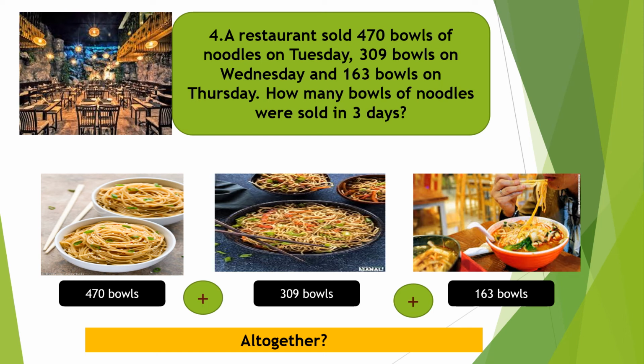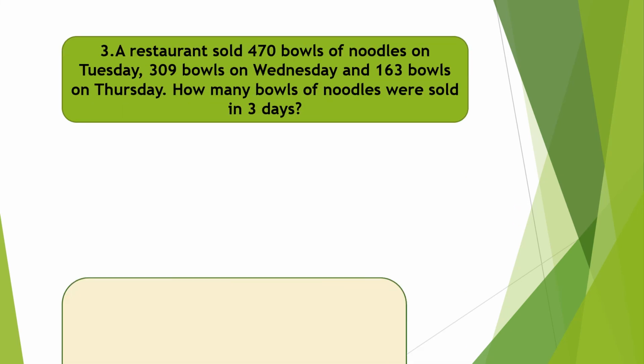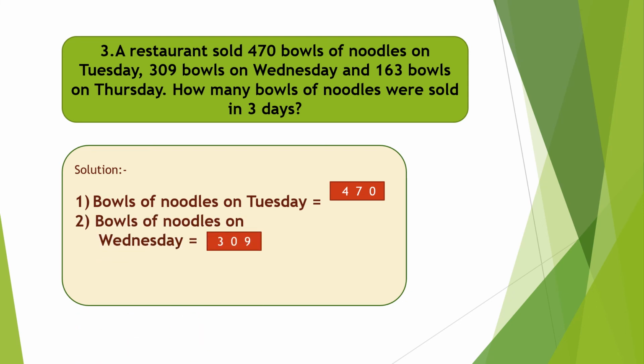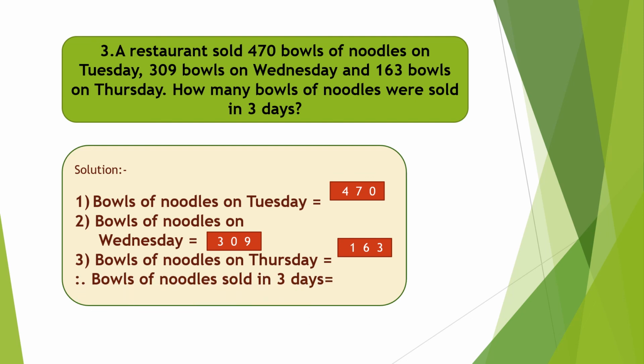So let's write the solution and let's find the answer. Solution. Number 1. Bowls of noodles on Tuesday, 470. Bowls of noodles on Wednesday, 309. Bowls of noodles on Thursday, 163.